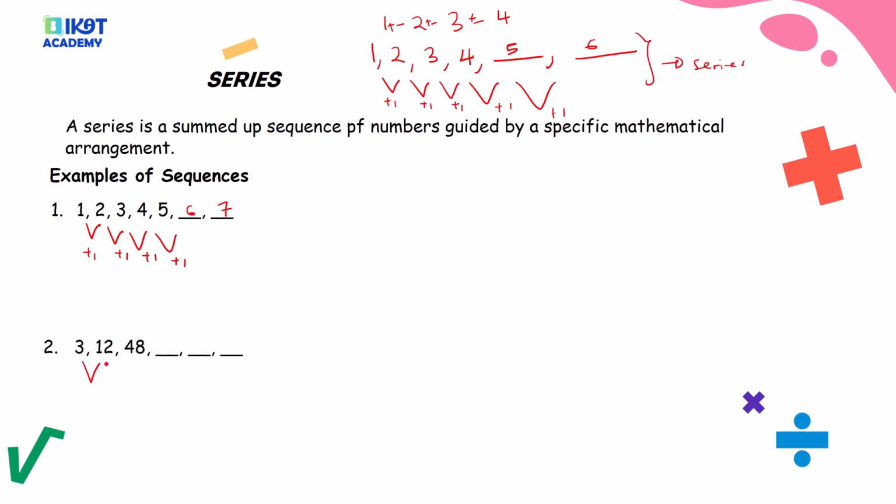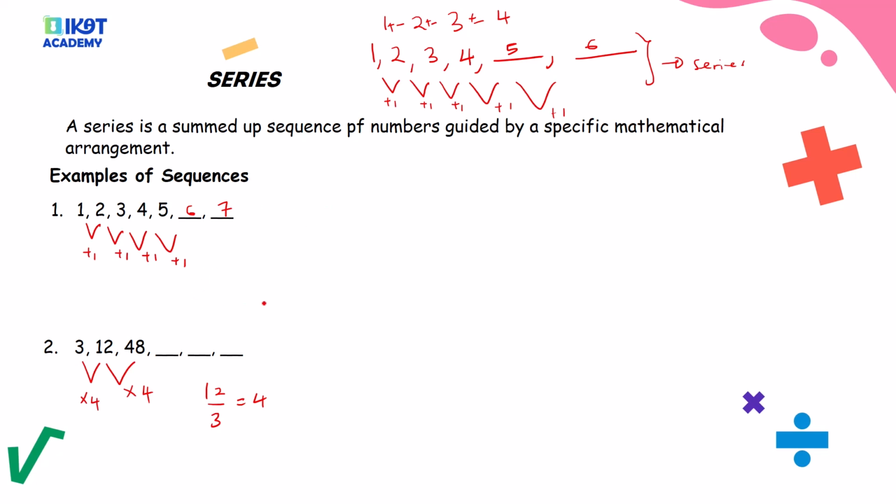So here, 12 divided by 3, you get 4. So here it should be times 4, and this is also times 4. Meaning that our next term in that sequence is going to be 48 times 4.